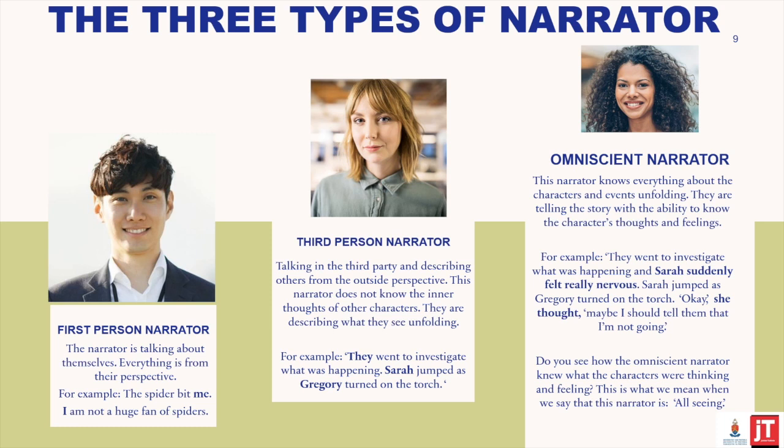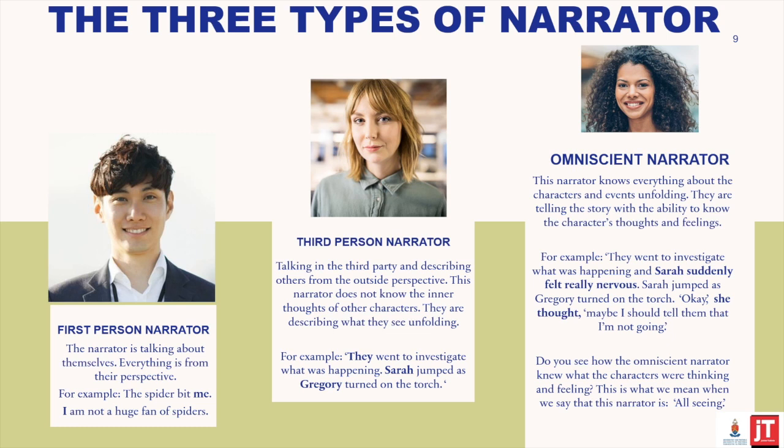Omniscient is associated with higher beings, looking down upon us like we're little ants, and the plot's unfolding, and they're kind of like puppet masters. They can see everything and know what we're feeling and thinking in our hearts. For example, they went to investigate what was happening, and Sarah suddenly felt really nervous. Sarah jumped as Gregory turned on the torch. Okay, she thought, maybe I should tell them that I'm not going.